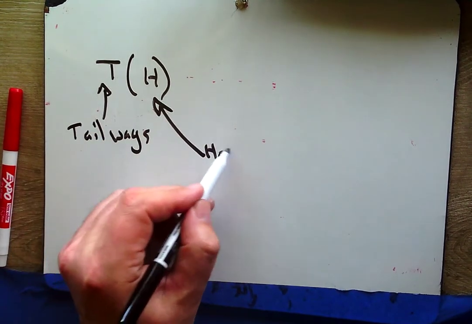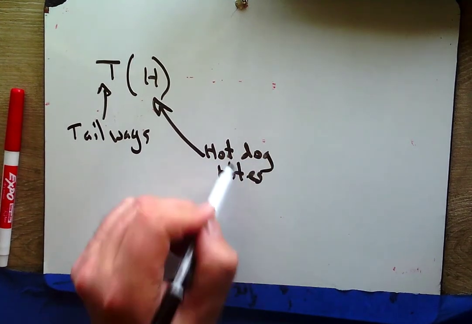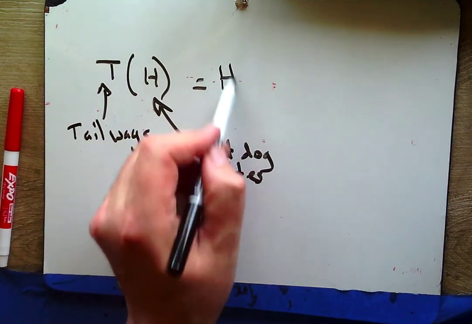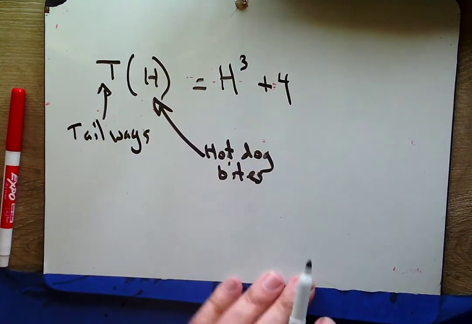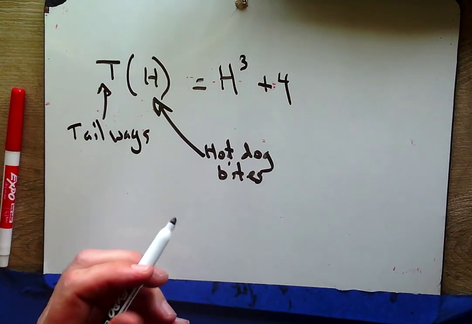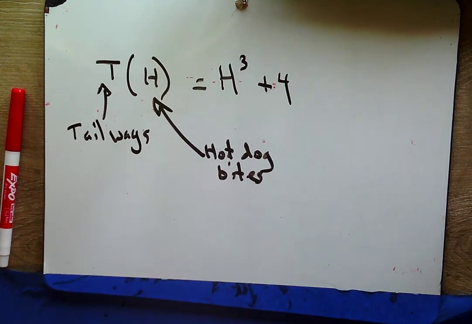H, hot dog bites. Okay, here's my function: H to the third plus 4. So, 1. Is T of H a one-to-one function?